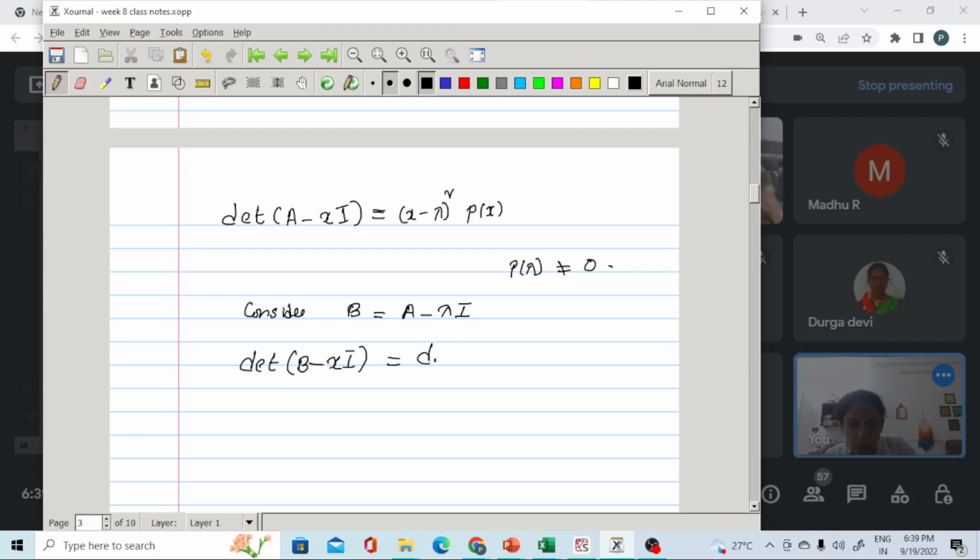B is A minus lambda I, so this is the determinant of A minus lambda I minus xI, which is the determinant of A minus (lambda plus x)I.